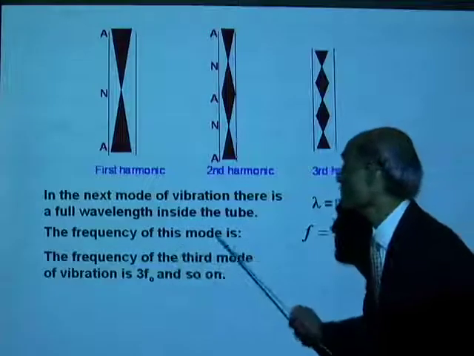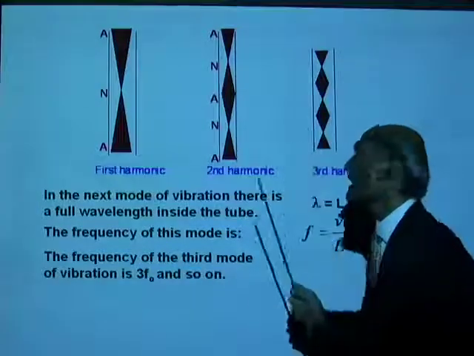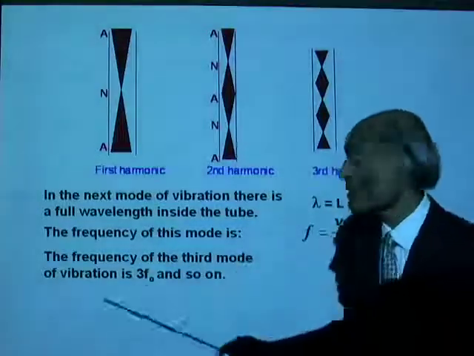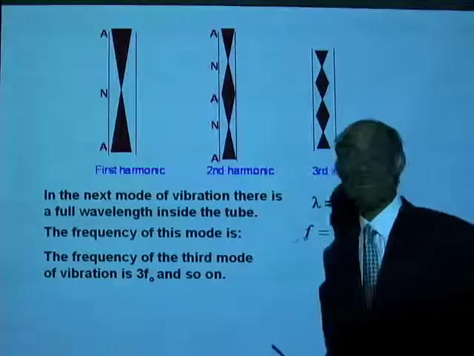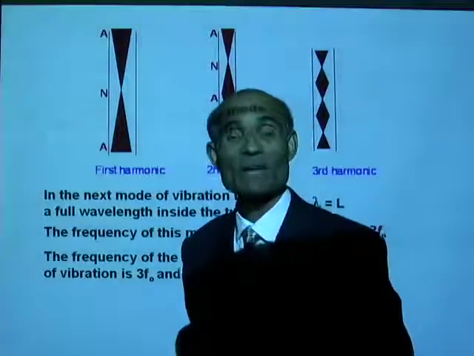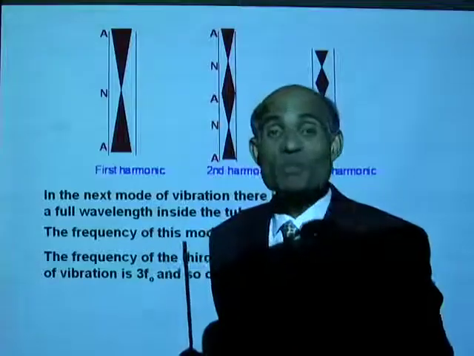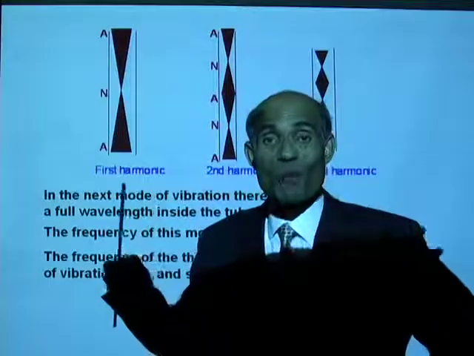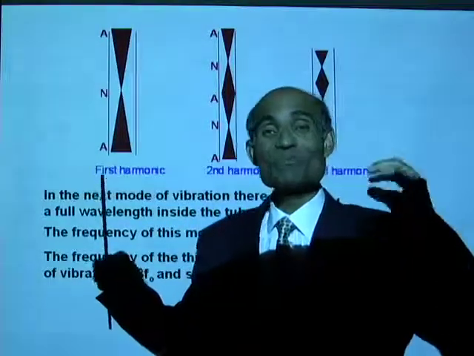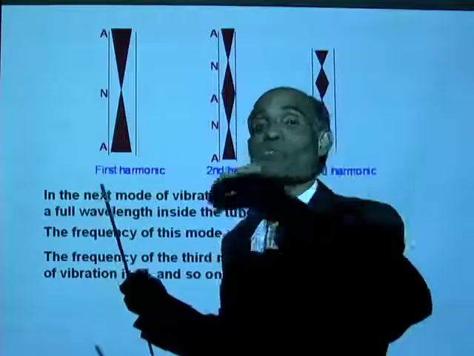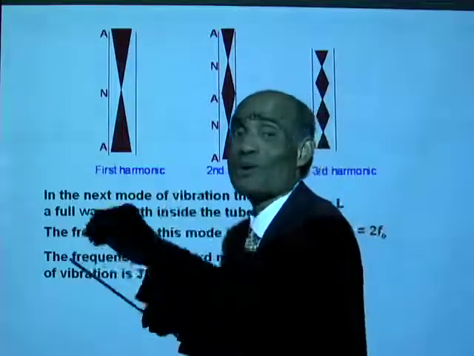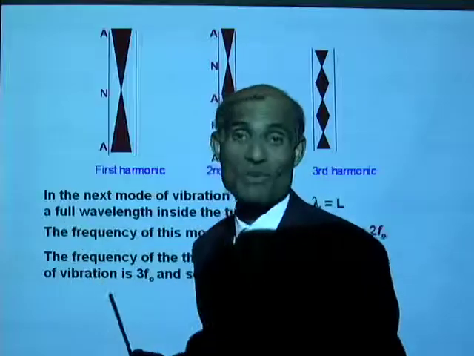Now the frequency of the third mode in a similar way will be the third harmonic, 3F0, and so on. What does that mean? It means in an open tube there are no harmonics missing. Open tube will give you the fundamental, the first harmonic, the second harmonic, the third harmonic, and so on.